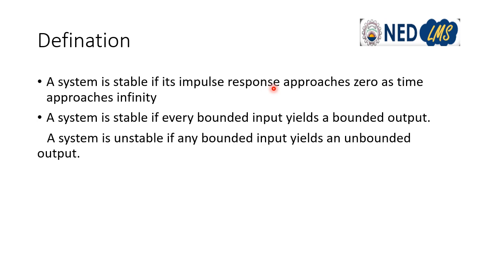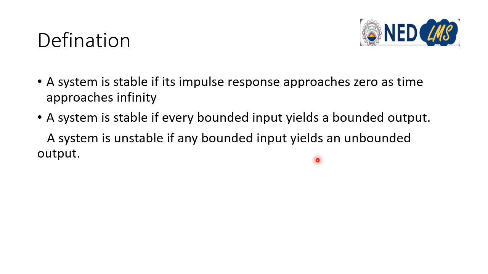We can also define stability as follows: a system is stable if every bounded input yields a bounded output, or in other words, a system is unstable if a bounded input yields an unbounded output. What are bounded inputs? Bounded inputs are those inputs whose magnitude is less than some finite positive value for all time. It means that bounded inputs have some finite value and don't have any infinite value.